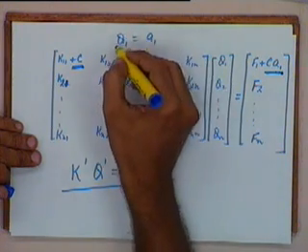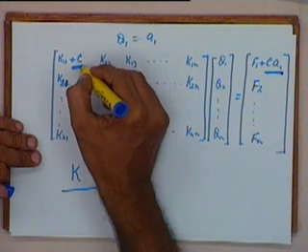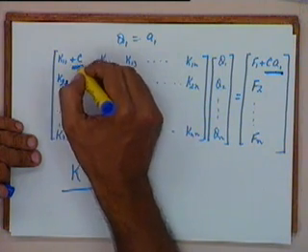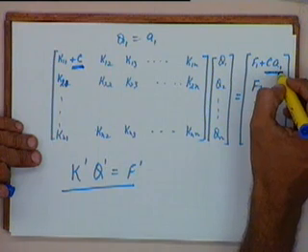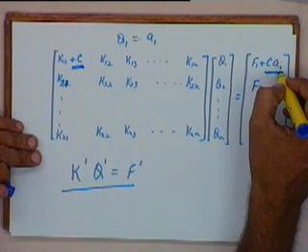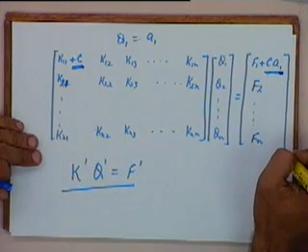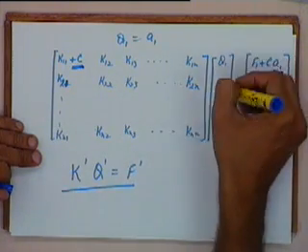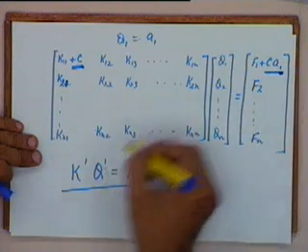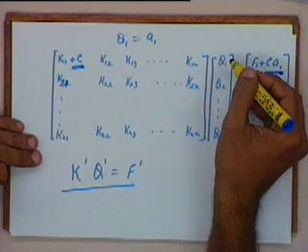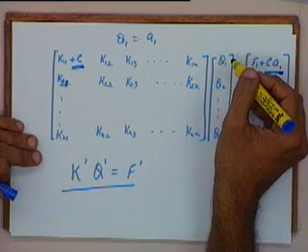So I am taking a very high stiffness C, adding that in the stiffness matrix, and adding C times A1 in the force matrix. Then I can solve the system of n equations and get the different values of Q1, Q2 till Qn. Q prime is the same as Q. So this is the penalty approach.